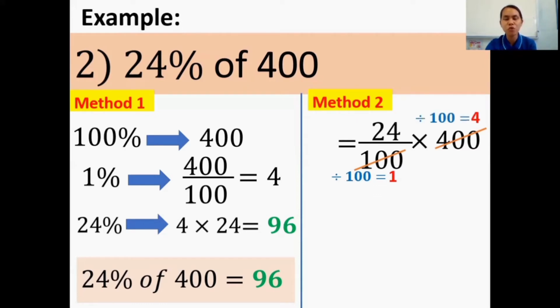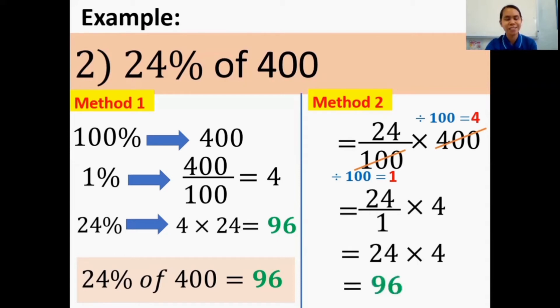So the remaining numbers are 24 over 1 times 4, which equals 24 times 4. What is 24 times 4? 96. Yes, 96. So 24% of 400 is 96.